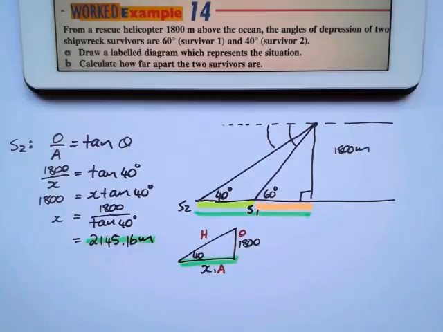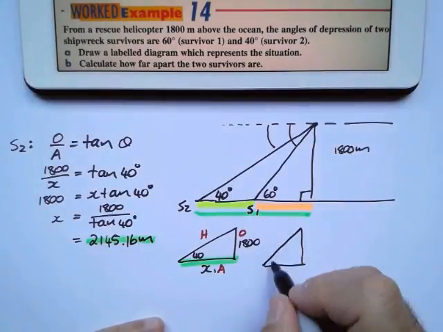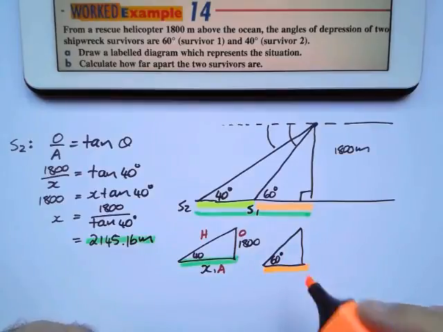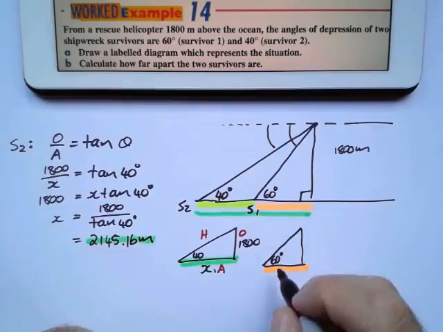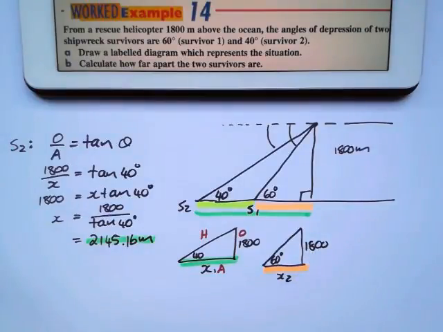If I take my other triangle and I break it up, and I say this is 60 degrees, then this will be the distance that I want, which is x2. That's x2. This is still 1,800 meters.